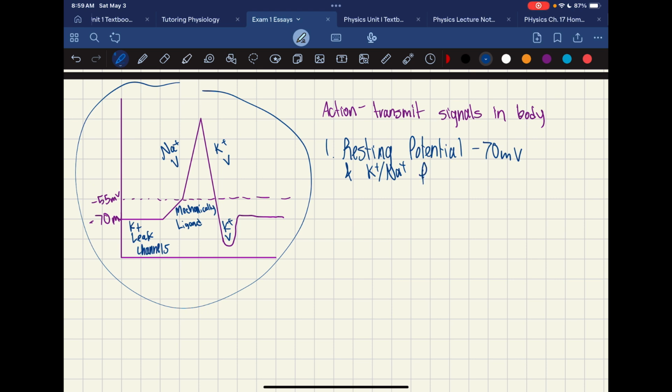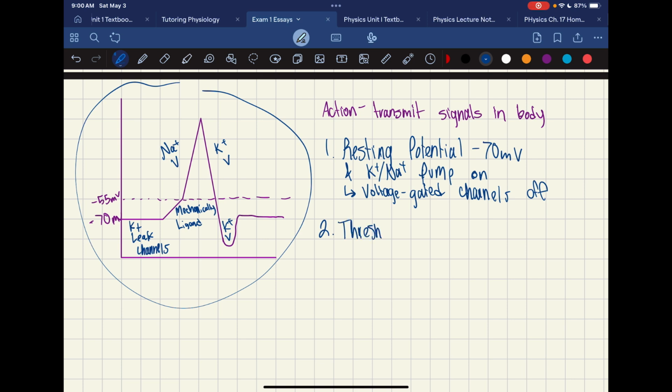The sodium and potassium pump is usually activated, causing this concentration gradient to be formed. And this means the voltage-gated channels are off, until we hit the second stage, which is threshold.